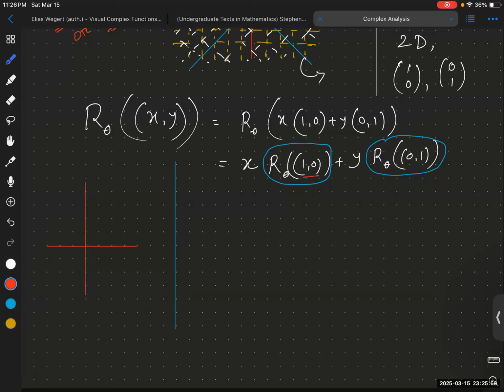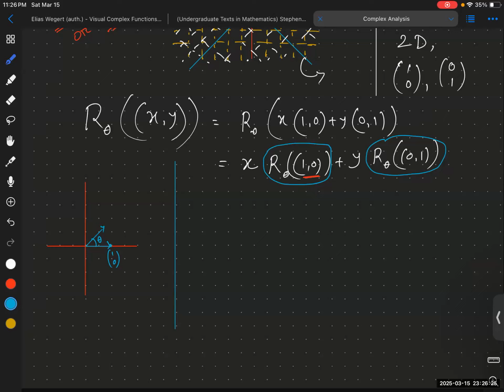So our (1, 0) vector is basically this one. So this vector is rotated by an angle theta. So this angle is theta. So what will be the new coordinates of that vector?